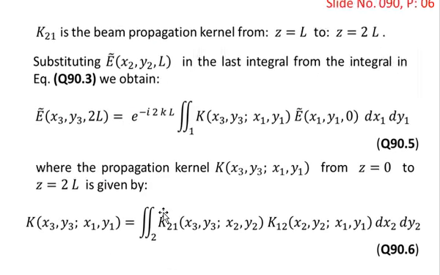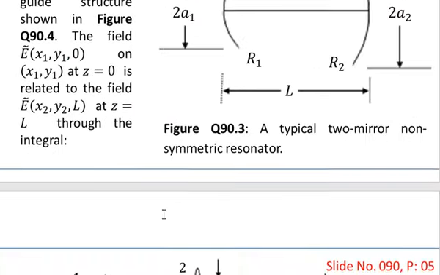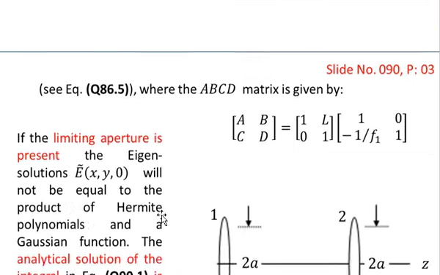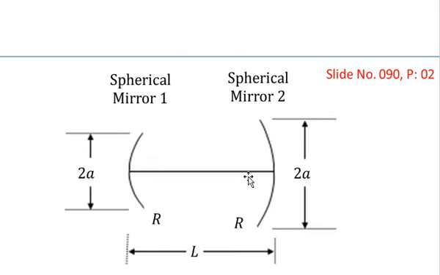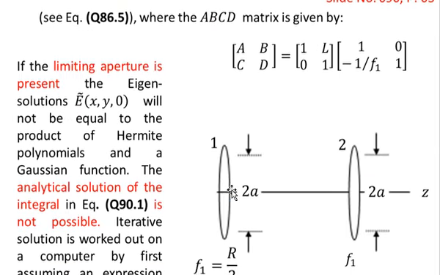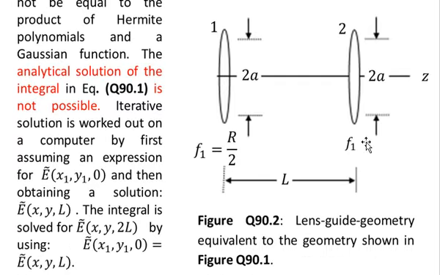So you see that I have given the solutions for two cavities. That is for the symmetric case, this one is the symmetric case, and I have discussed the solutions for this resonator with the help of its lens guide diagram or lens guide geometry.